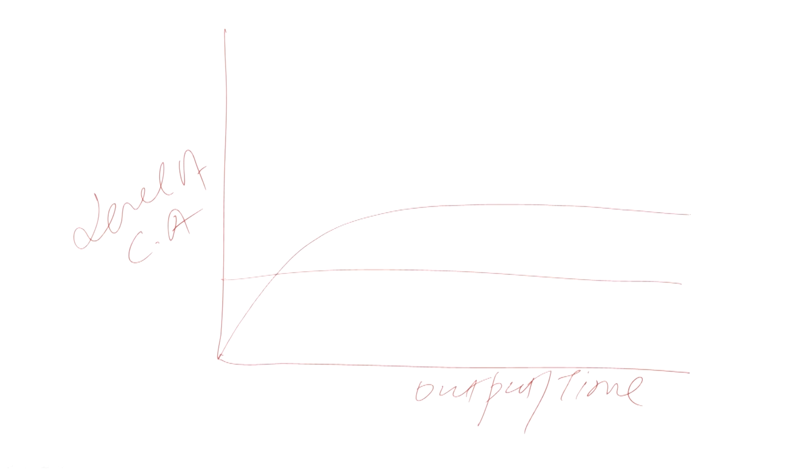This is going to be the level of current assets under the 3 approaches. This is the output or time, and this is the level of current assets. This is the level of fixed assets, and this is the level of current assets under one approach, level of current assets under the second approach, level of current assets under the third approach.